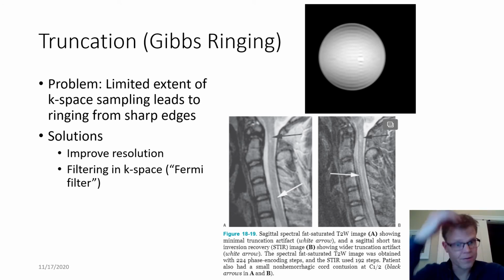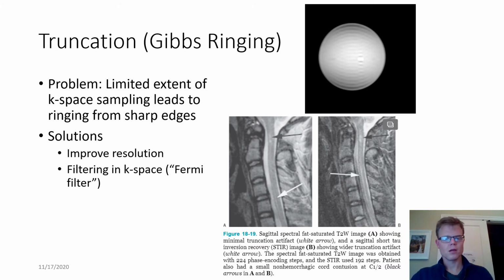Okay, so the next artifact we're going to talk about is what's often called a truncation, or Gibbs truncation, Gibbs ringing artifact. This has to do with Fourier sampling and the fact that we're only sampling a limited region in K-space.